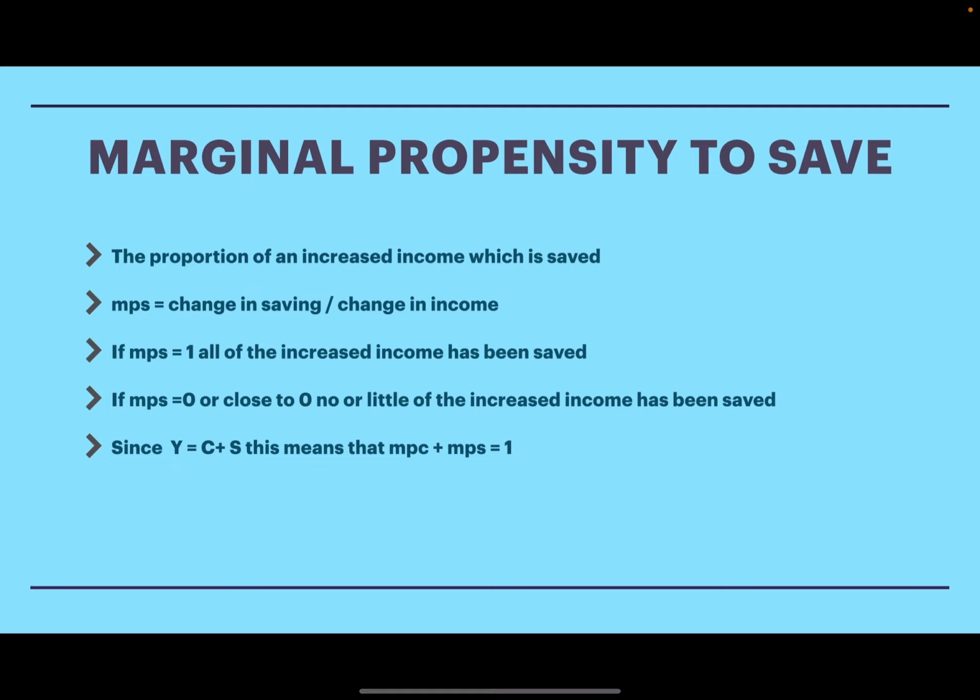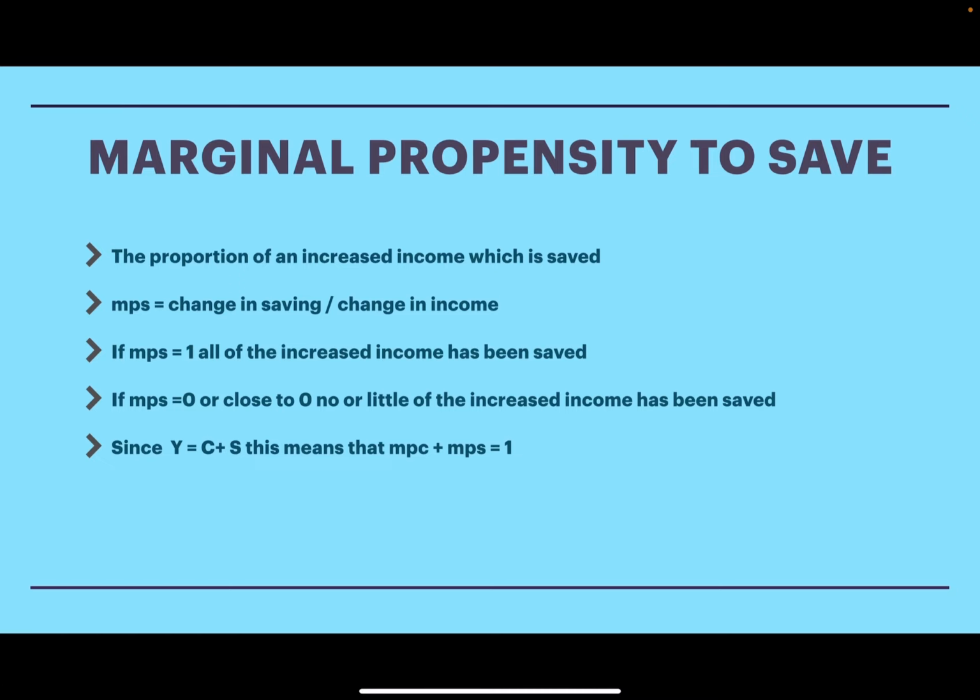So because income is equal to consumption plus saving, this means that your marginal propensity to consume plus your marginal propensity to save is going to be equal to 1. So if you're given a value for marginal propensity to consume, you can then work out the marginal propensity to save, because the two of those should equal 1. So we could look at a numerical example.